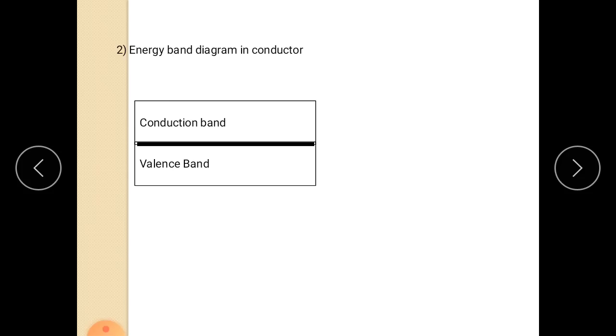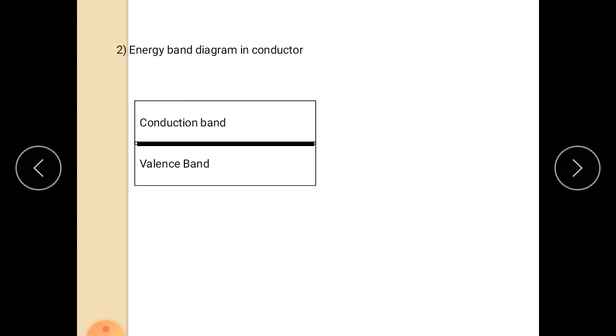Hence we can observe that there is no forbidden energy gap in case of a conductor. Hence the valence electrons can easily move to the conduction band and are freely available for electric conduction.